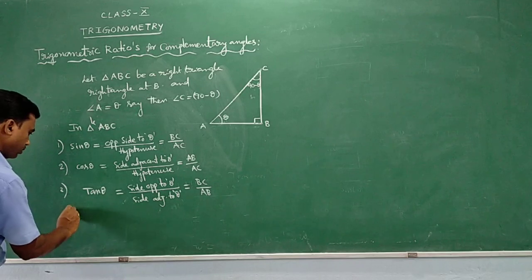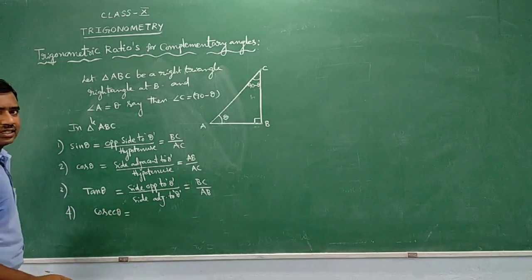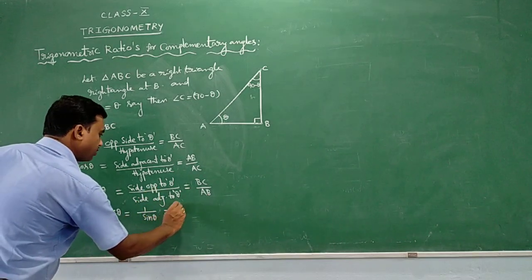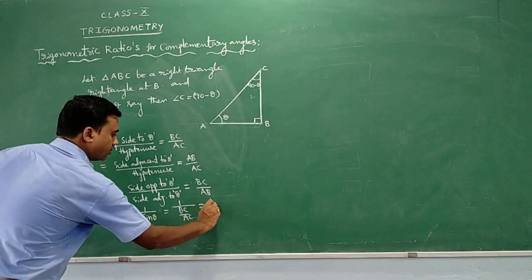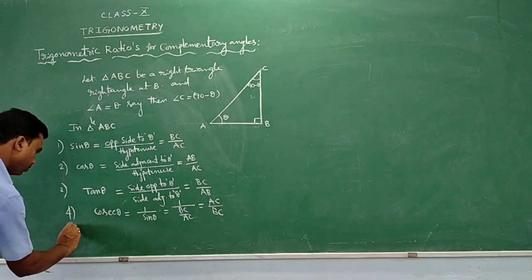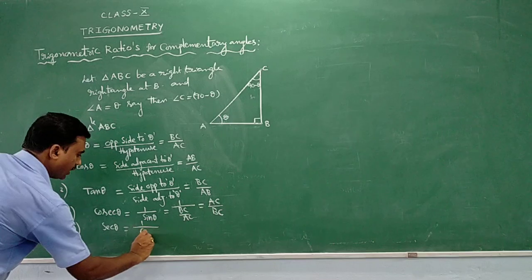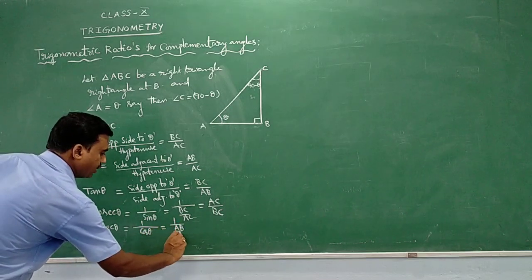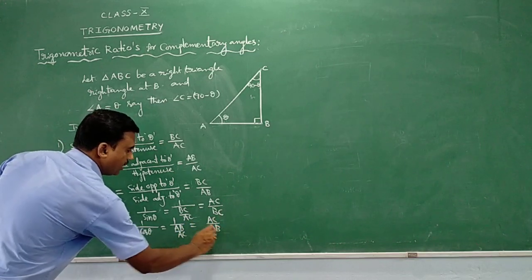Now the fourth one, cosecant theta is equal to 1 by sin theta, that is equal to 1 by BC by AC, that is equal to AC by BC. Now secant theta is equal to 1 by cos theta, that is equal to 1 by AB by AC, that is equal to AC by AB.